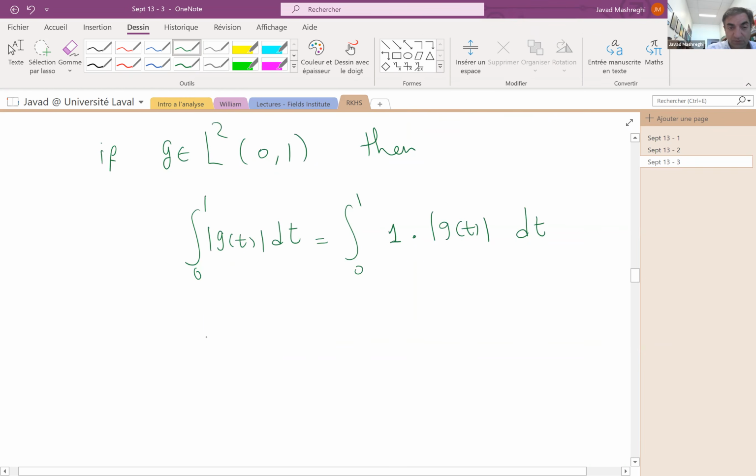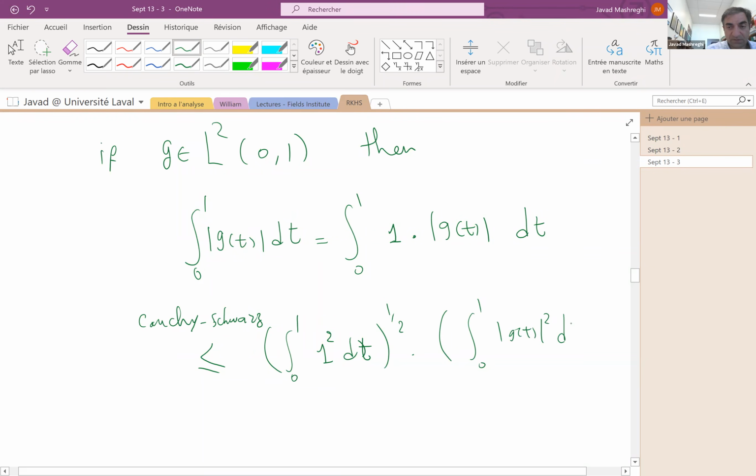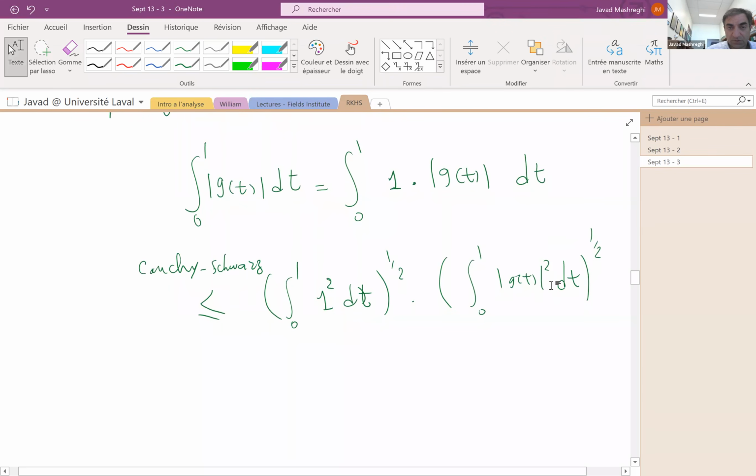So by Cauchy-Schwarz, this is less than or equal to the integral from 0 to 1 of 1 squared dt to the power a half, and then the integral from 0 to 1 of mod g squared dt to the power a half, which, I mean, this is equal to 1, and the other one is known too.